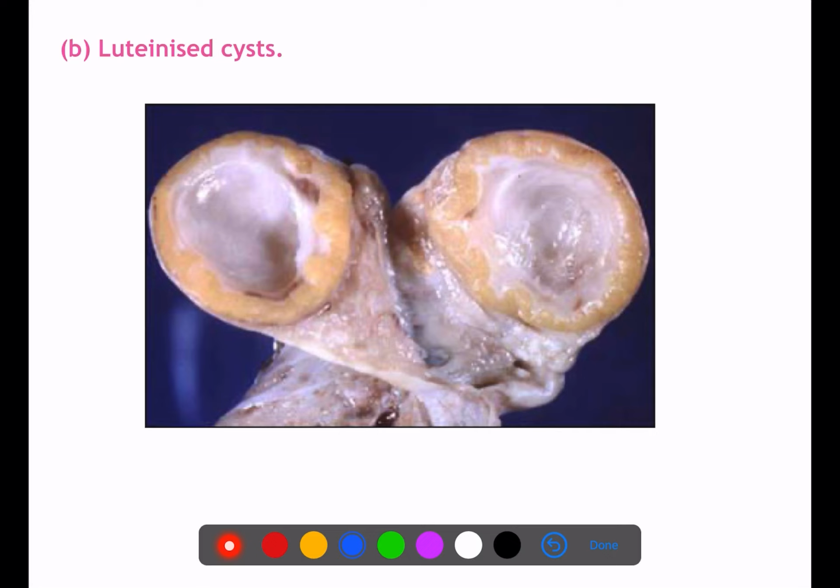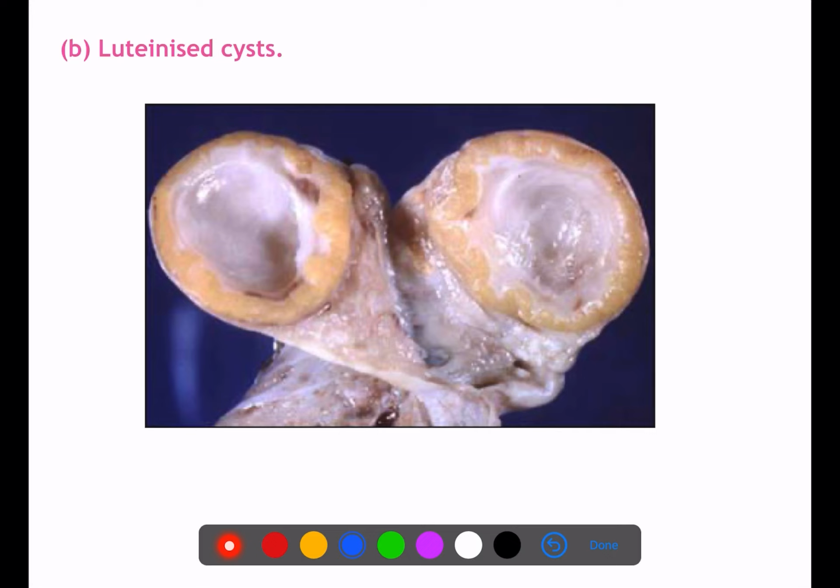In normal physiology, when follicle ovulation occurs, the remaining tissue develops to produce the corpus luteum, and the corpus luteum dissolves with time. Sometimes the ovulation fails, and, as we say, a follicular cyst develops.